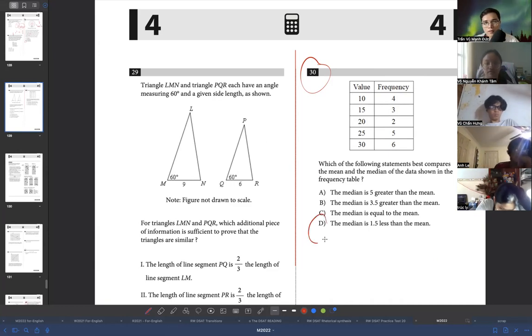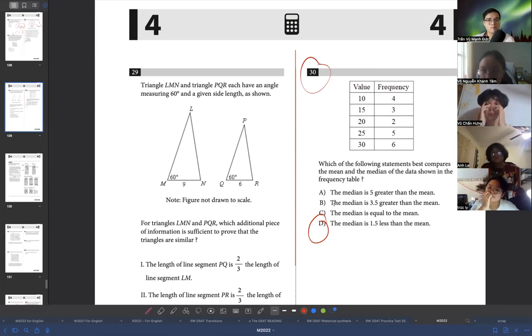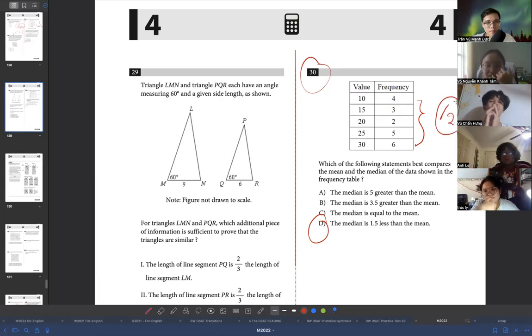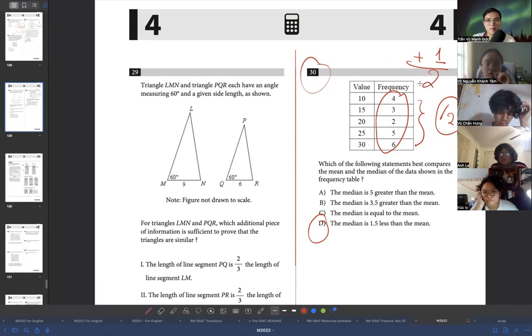How can you find the median? I have the sum of the frequency and I divide it by 2. Sum of the frequency divided by 2. Are you sure dividing by just 2, or are you going to have to plus 1? Okay, so you add them all up, which is the frequency, and you plus 1 and then divide by 2. That is the median.